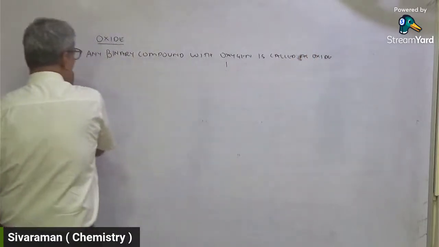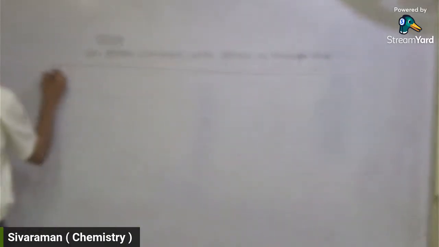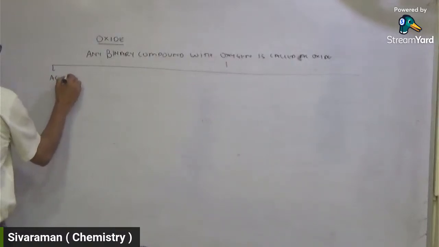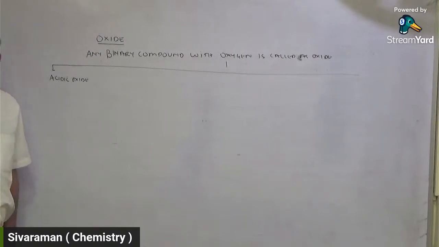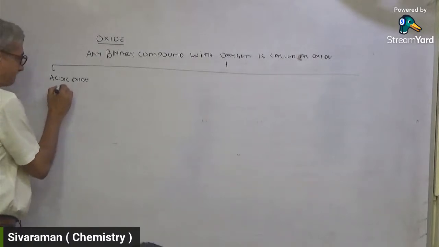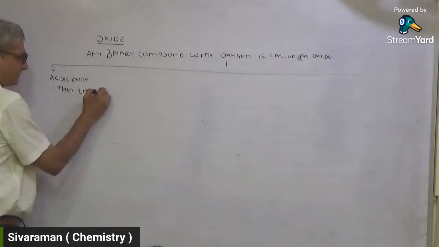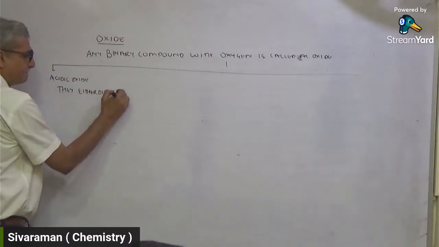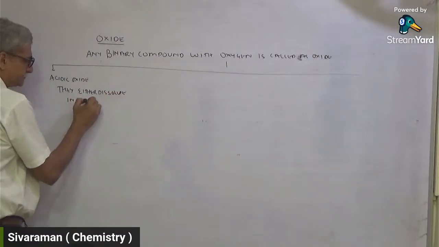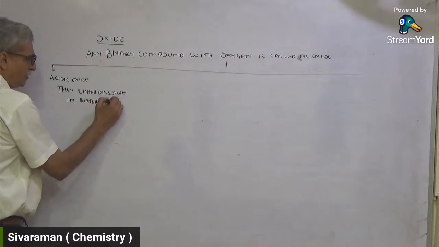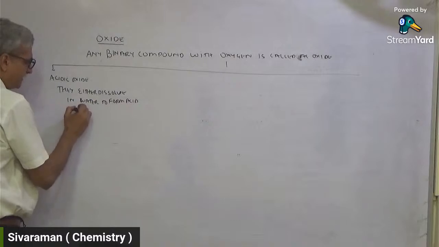Basically there are 4 types of oxides. We have acidic oxide. Why are they acidic? They either dissolve in water to form acid, or they react with a base.